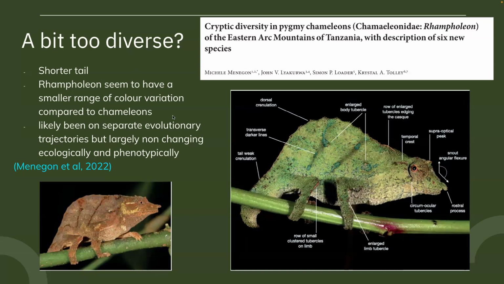They also seem to have a smaller range of coloration. It's usually anywhere from this green to this brown, not those fun colors that we've seen before. And they're likely on a separate evolutionary trajectory. Obviously, they're not really changing ecologically and phenotypically, so they've been like this for a bit now.